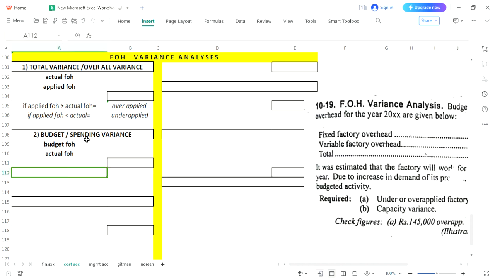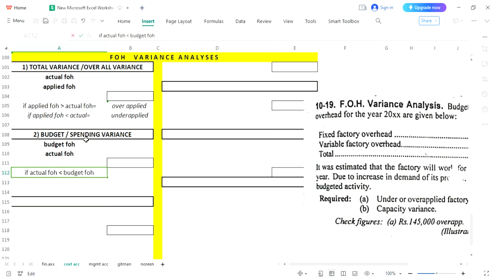The variance would be calculated, and finally you will conclude whether the variance is favorable or unfavorable. You will be focusing upon actual. So if actual FH is less than your budget FH, tell me, would it be favorable or unfavorable?